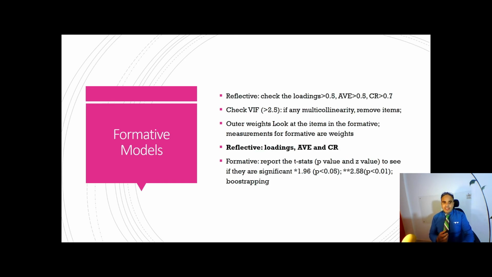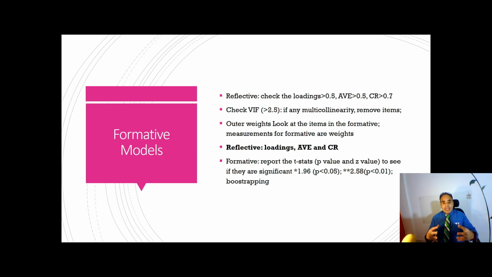Here, however, in the formative model, we do the same, but we have to check VIF. It must be lower than 2.5 in order to ensure that we have no multicollinearity problem, because if we have any multicollinearity problem, we have to remove some items. We also check the outer weights. Look at the items in the formative measurement; for formative, those are the weights.